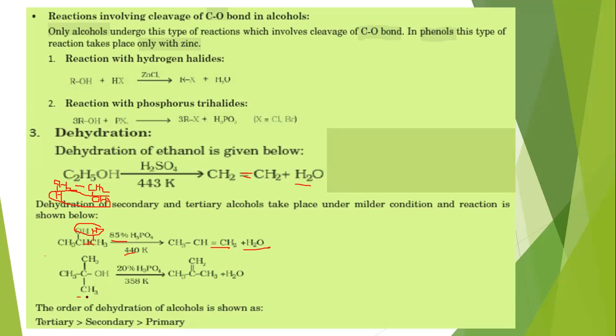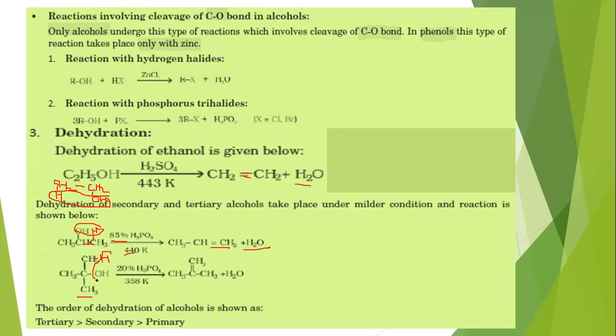If tertiary alcohol is taken, H3PO4 is 20% and a low temperature, that is 358 Kelvin. Now here H, CH2, H, that is CH3.